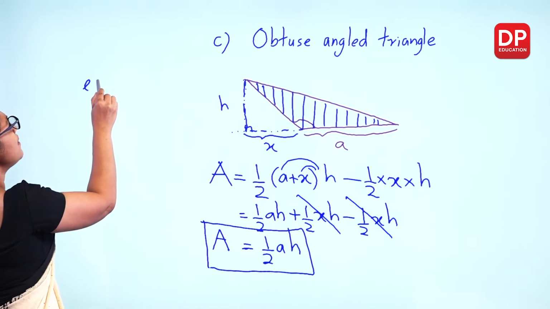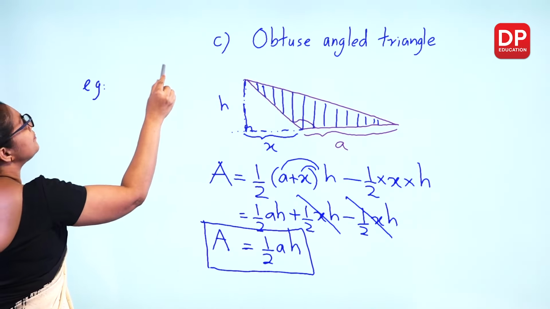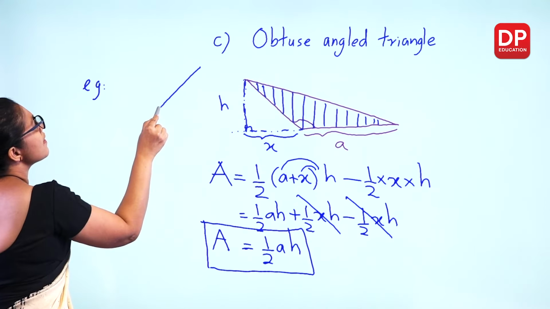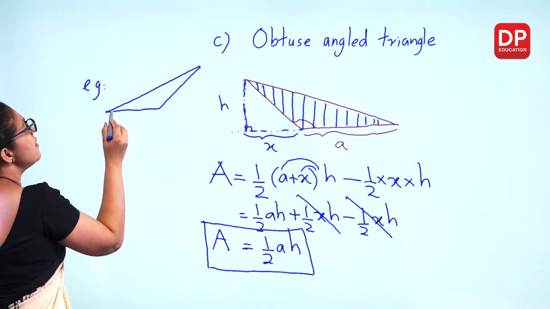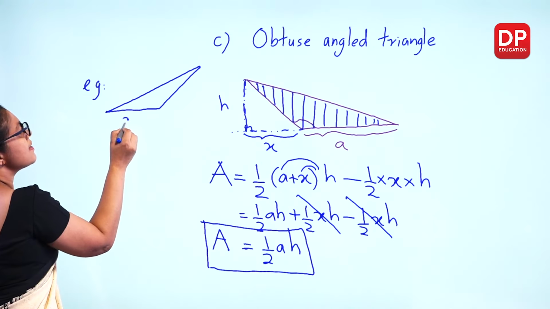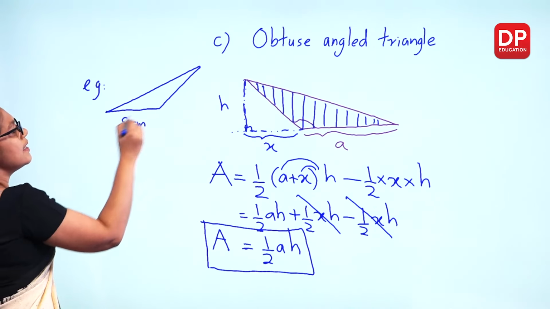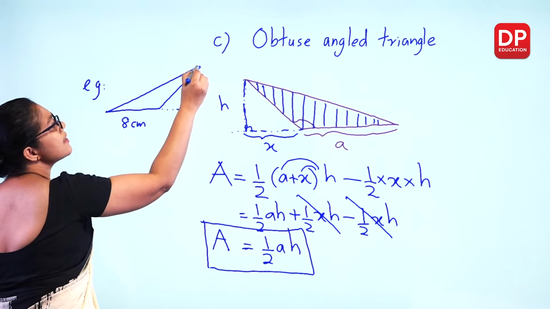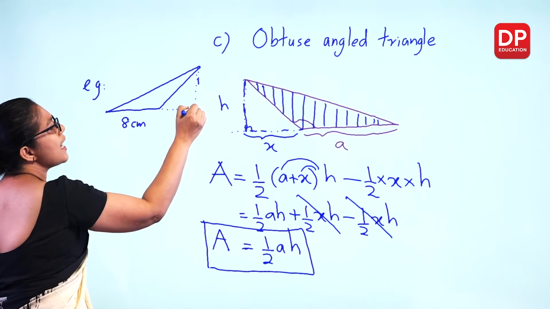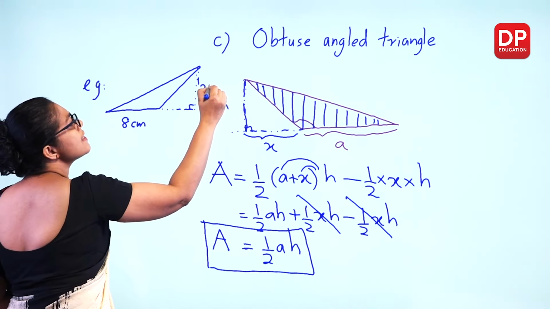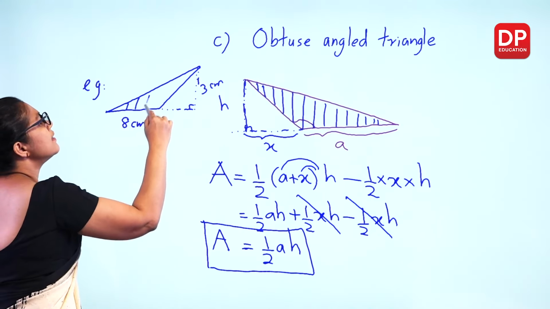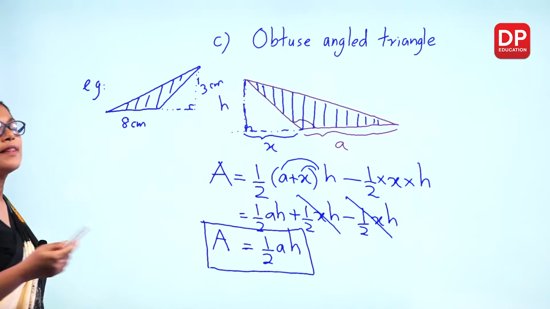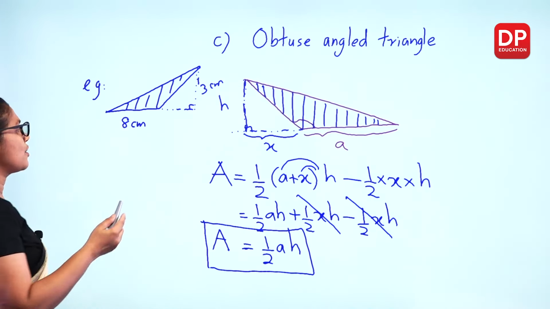For example, I'll take a triangle like this, and you have given this is 8 centimeters, and the perpendicular height normally we can draw outside. This is 3 centimeters given. What's the area of this triangle? We just need the base length and the perpendicular height.